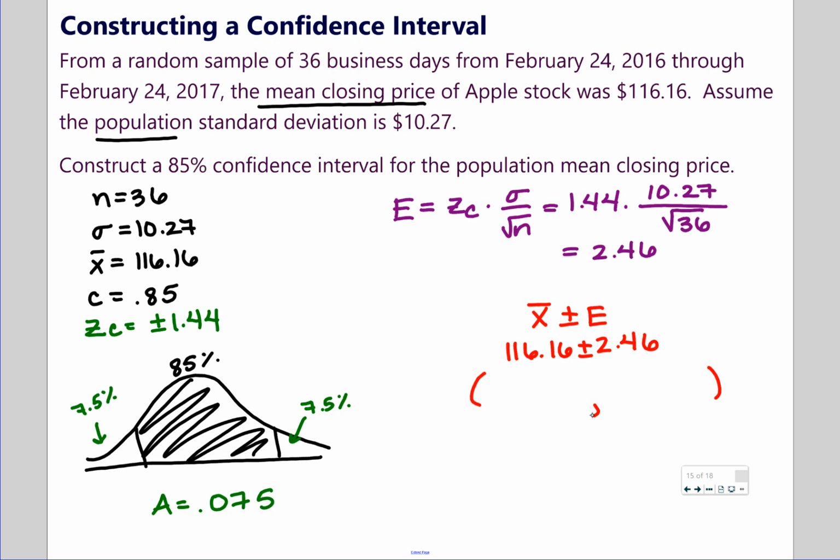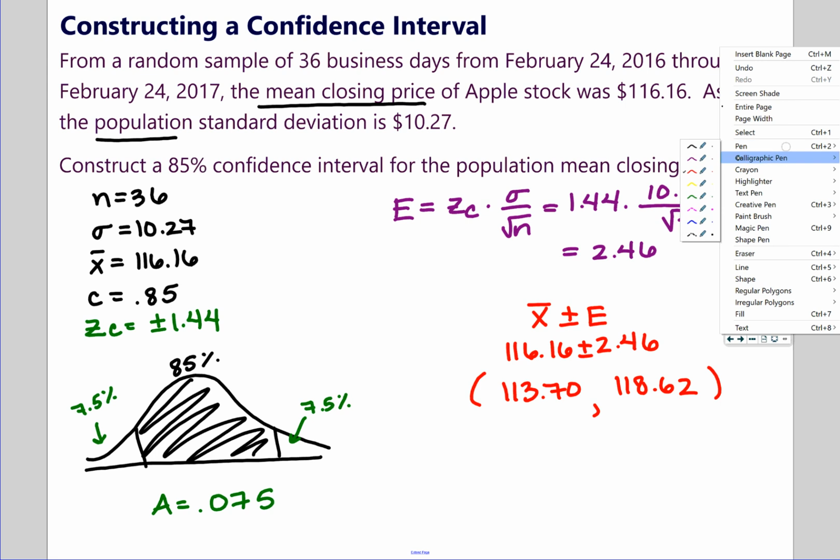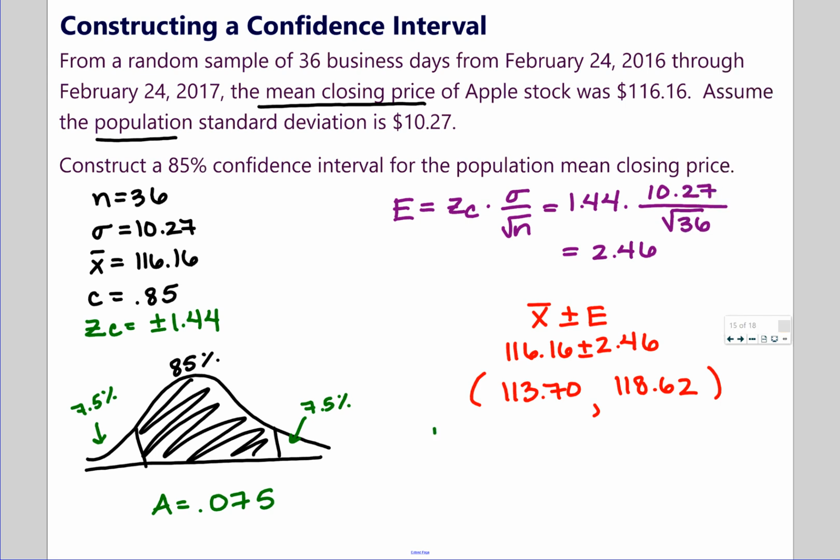So 116.16 minus, do minus first, 2.46. 113.70, I'm going to say 70, again, because it's dollars and cents there. 116.16 plus 2.46, 118.62. Okay. They are often going to ask you to interpret this as well, what that means.